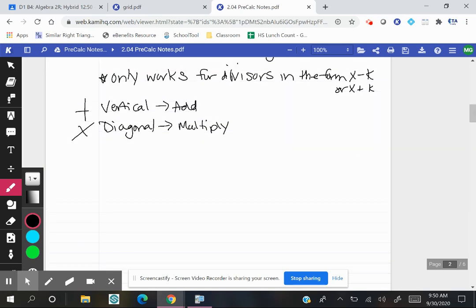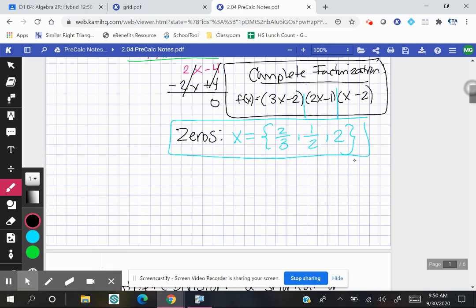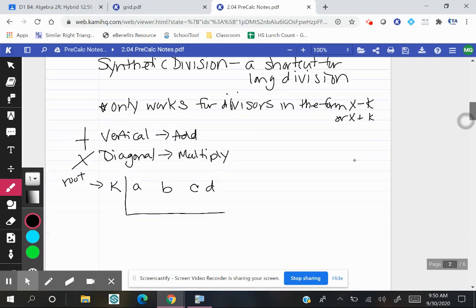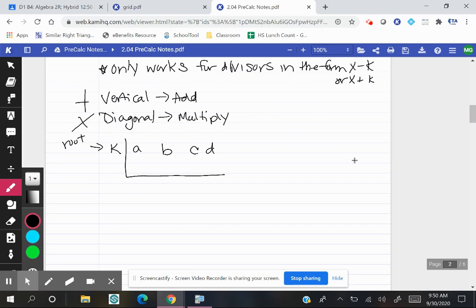So in general, our form here is if we have our coefficients a, b, c, d, let's say, and then you're always going to put your root on the outside, where long division is your factor you're dividing by. Here we divided by the factor. Synthetic, you're dividing by just the root, so that should have the opposite sign of what's in the factor.